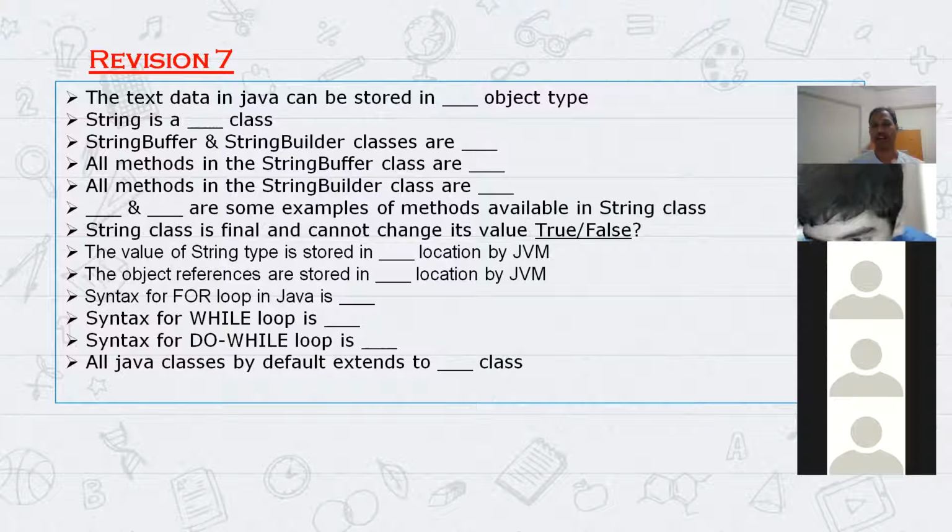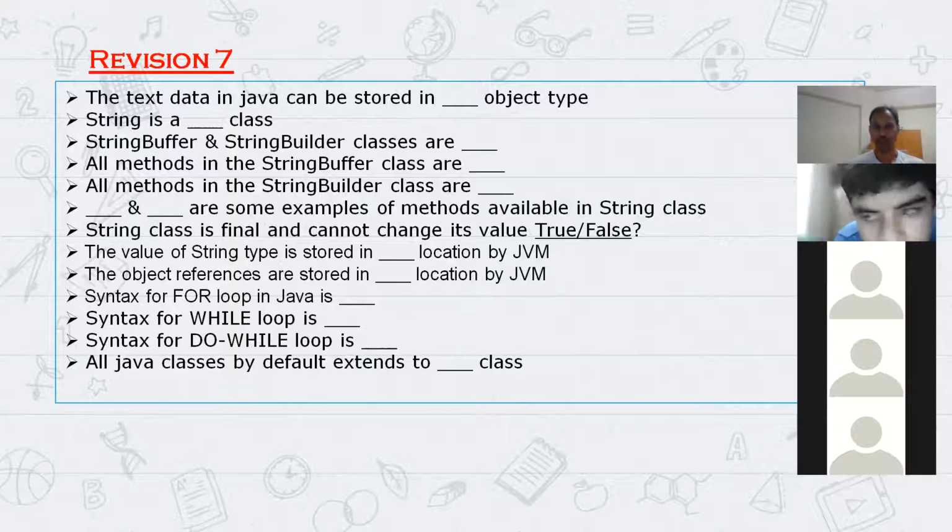Both classes are mutable. Okay, perfect. So StringBuffer and StringBuilder classes are mutable. Mutable means the values can be changed. And the next question is also to you. All the methods in the StringBuffer class are declared as dash.